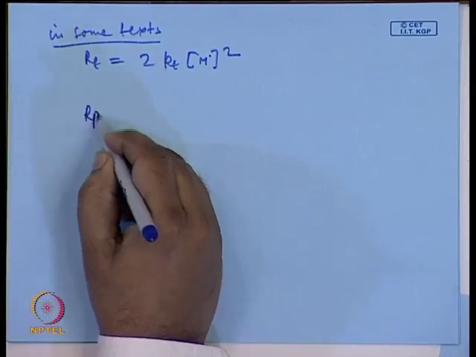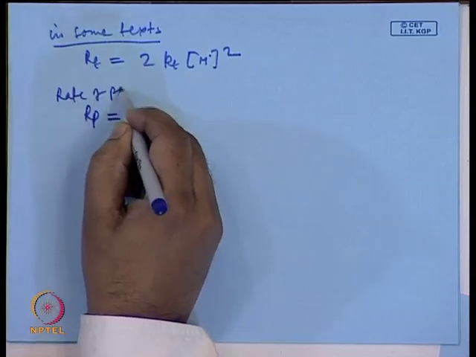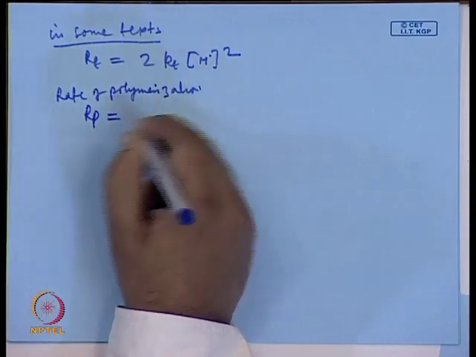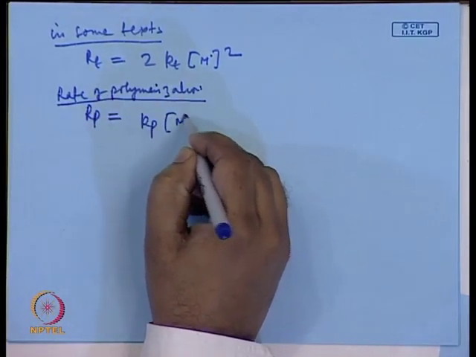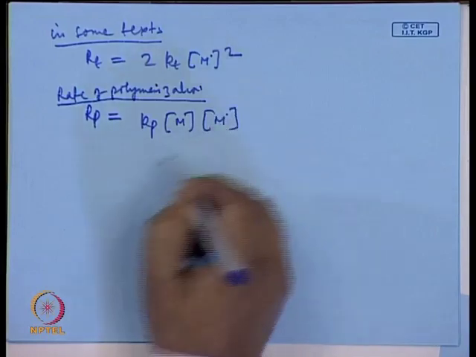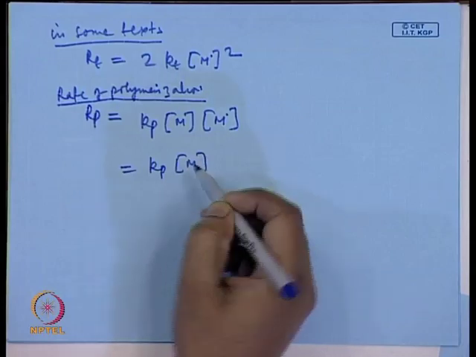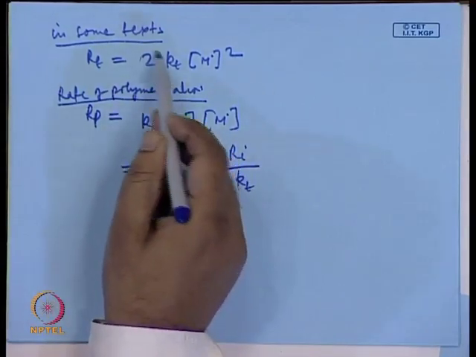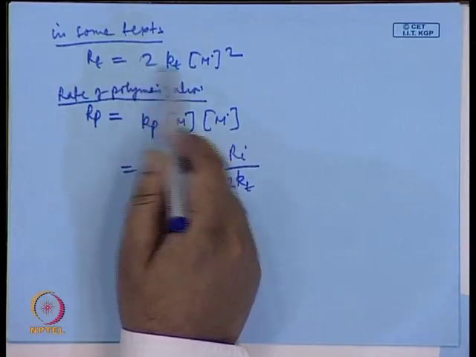So, the rate of polymerization Rp, we have deduced earlier, with M dot now becoming (Ri by Kt) to the power half. Now, let us write 2 here and follow this convention.